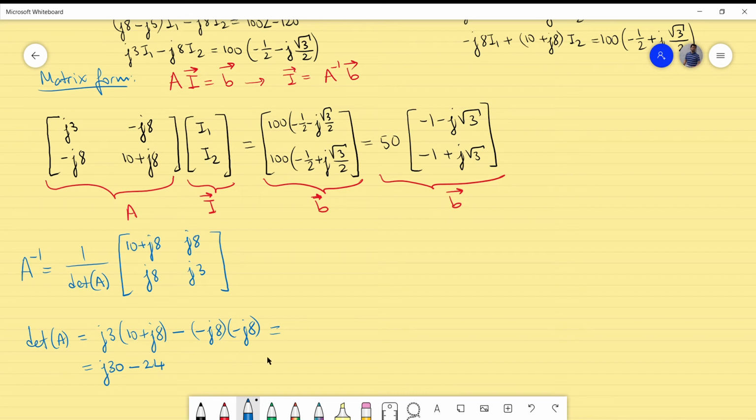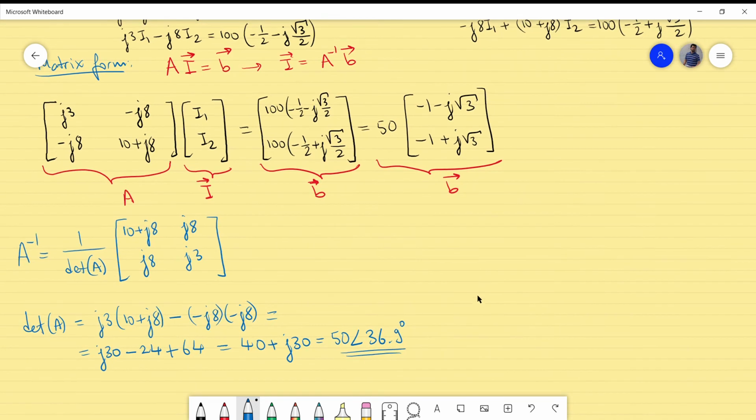So we have 8 times 8 is 64, so the real part will be 40 and we have the imaginary part of 30, so that will be 40 plus J30. And if you convert this, for example, in the polar representation, it will be handy, it will be 50 phase 36.9, almost 37. It doesn't have any units at the moment, so it doesn't matter.